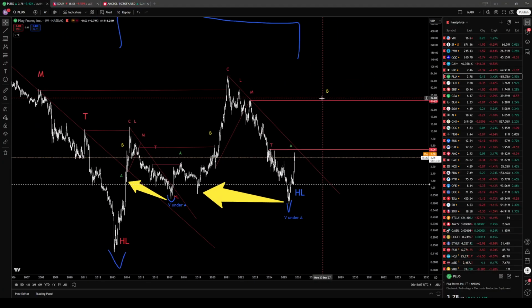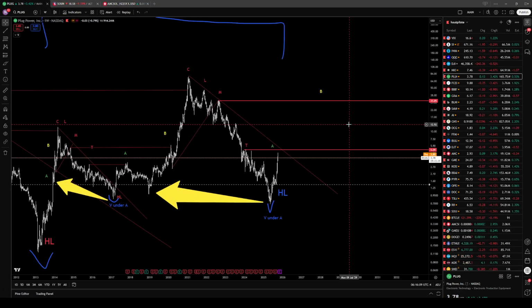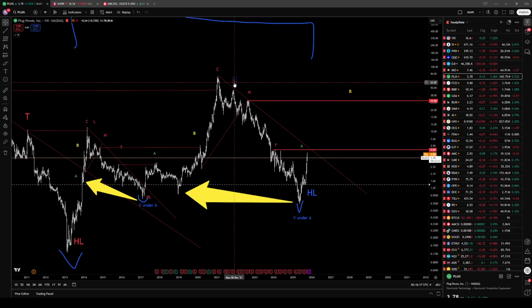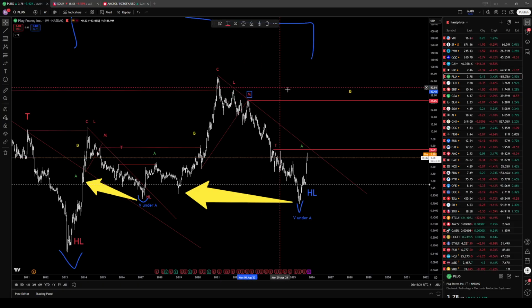So for the bullish tracking for the future, which I'm again 50-50 on, lower high, perfect. Your M is, let's say, 90%.